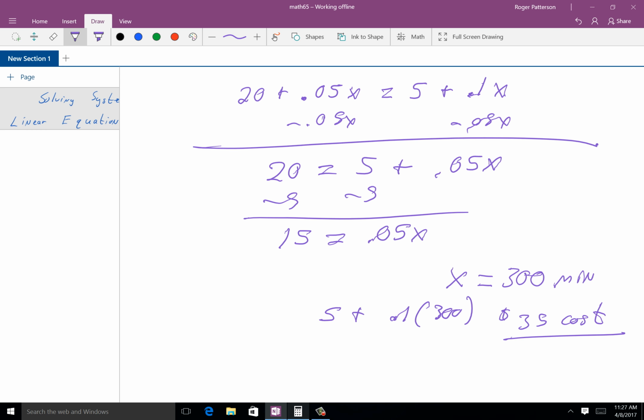So B says, if you make approximately 10 calls per month, each averaging 20 minutes, which plan should you select? Does the 10 calls per month have anything to do with this? Yeah, because how much are they averaging?